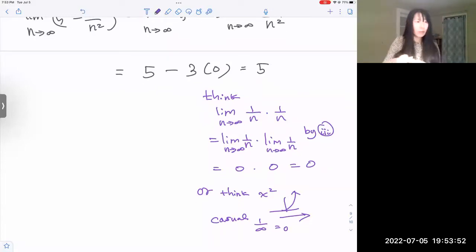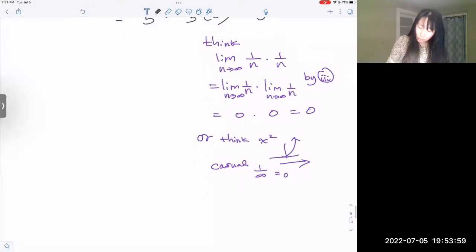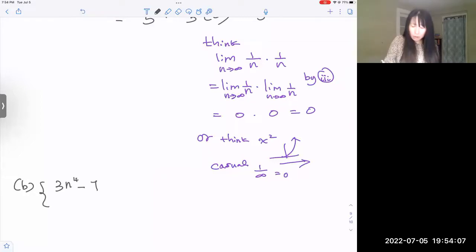All right. Second one. We have 3n to the 4th power plus 7n squared plus 5 over 6 minus 4n to the 4th power.